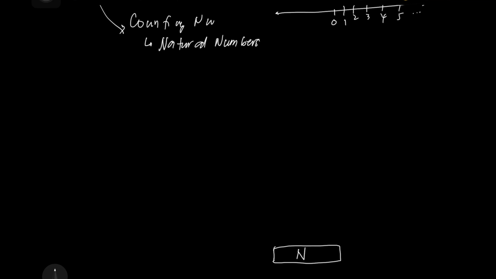Here the natural numbers are denoted by N. If we get the union of the natural numbers and 0, the result would be the whole numbers, denoted by capital W. So from 0 to positive infinity, these are whole numbers.